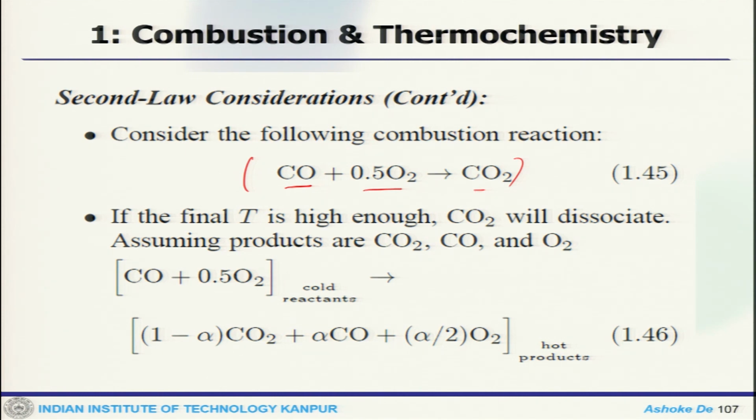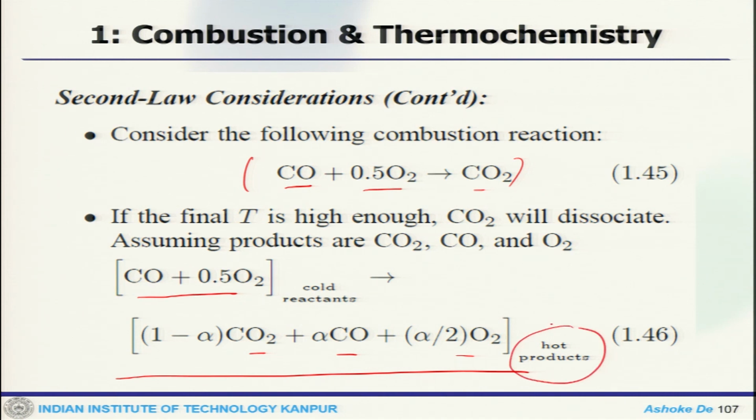CO and O2 can form CO2, and at the same time, if the temperature is high, the CO2 itself dissociates to form CO and O2. So, everything could be part of your combustion product or hot product, and that is why we use a factor that says, let this much dissociation take place.